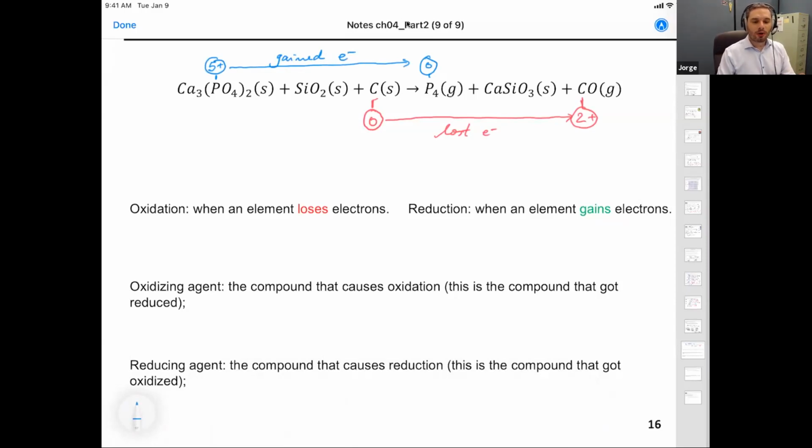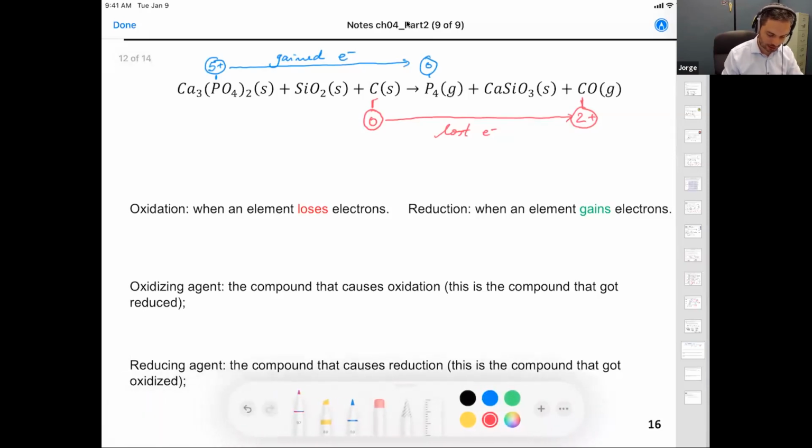Let's start with the concepts of oxidation and reduction. Oxidation is when an element loses electrons, and reduction is called when an element gains electrons. We have to go back to the reaction and identify who oxidized and who reduced. For this case, the element that oxidized or lost electrons is carbon, okay?